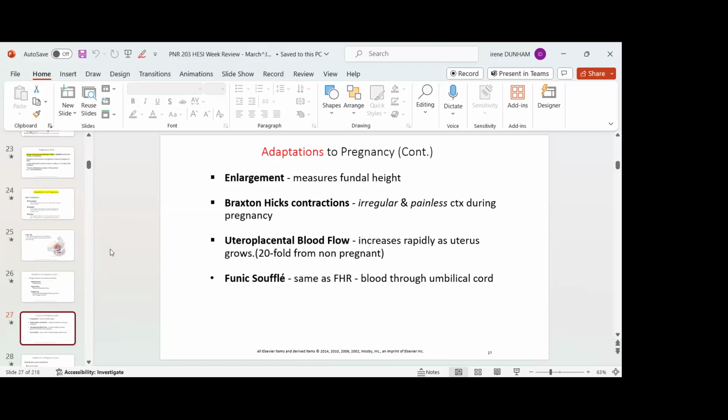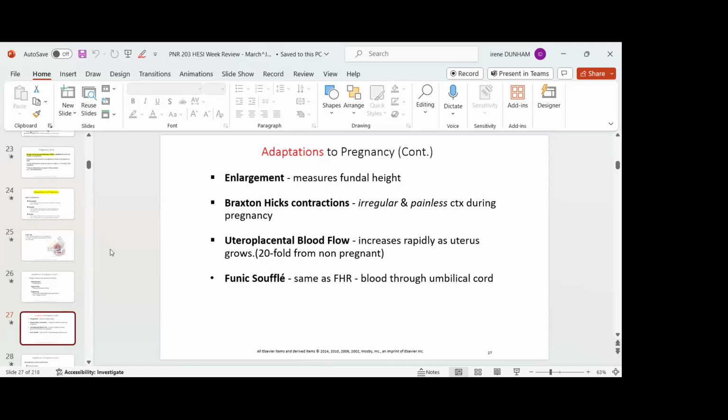Now on the other hand, if the baby is larger, say she's supposed to be 26 weeks but she is measuring 30 centimeters, that's a big baby in there.